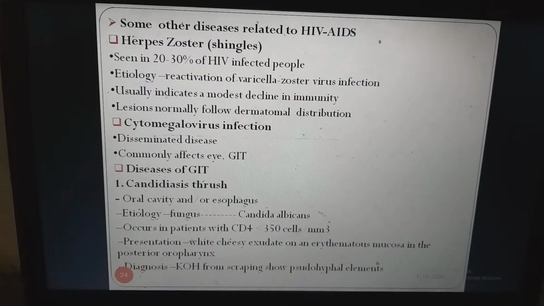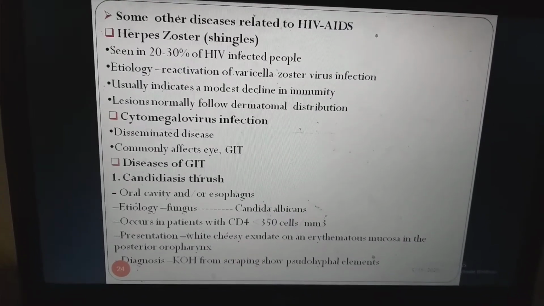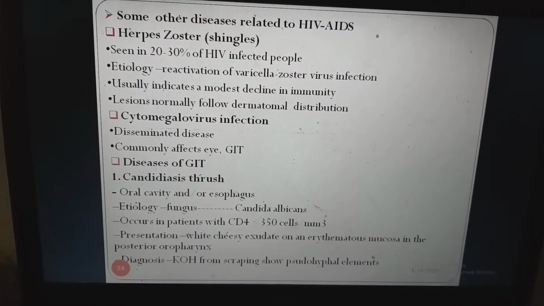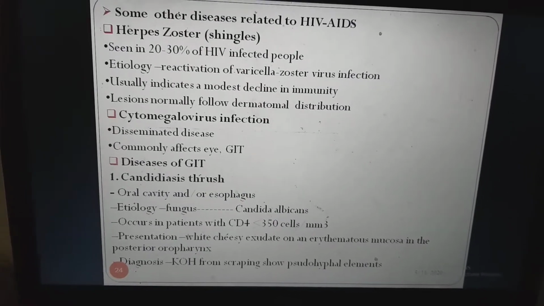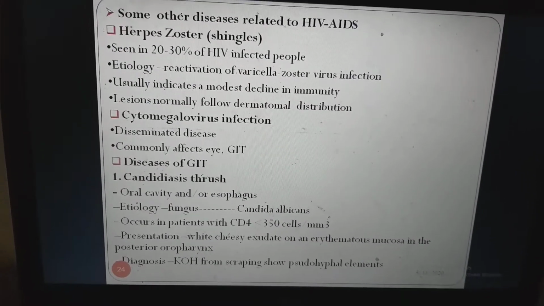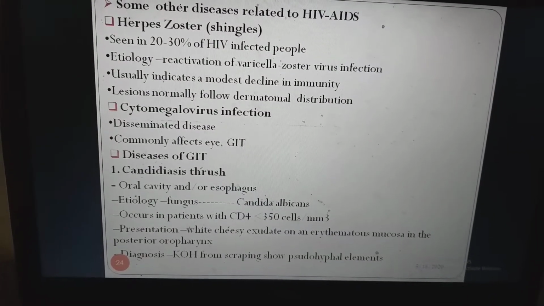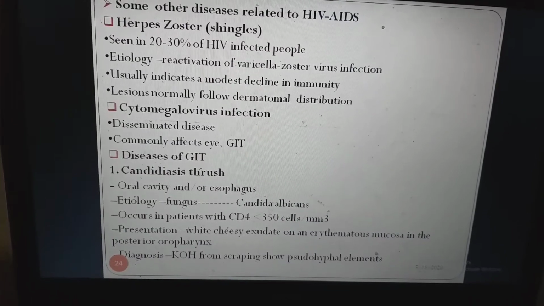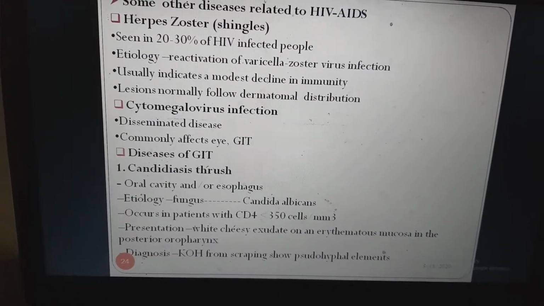Diseases of the GIT like candidiasis or thrush of the oral cavity and or esophagus. Etiology: it is a fungus, Candida albicans, and occurs in patients with CD4 less than 350 cells per cubic millimeter. Presentation: white cheesy exudates on erythematous mucosa in the posterior oropharynx.